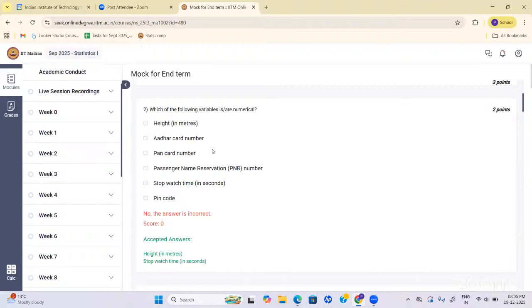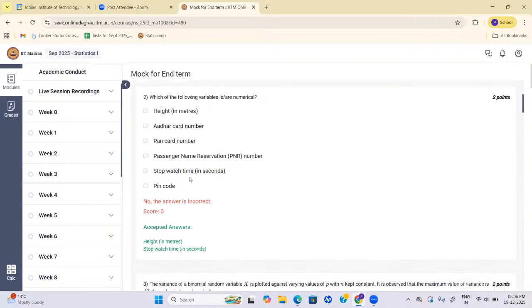They are just labeling the different people. Similarly, PAN card number is also nominal. PNR number will also be nominal. PIN code will also be nominal, because you cannot compare them. So all the others are categorical and nominal variables. Height and stopwatch time are numerical variables.